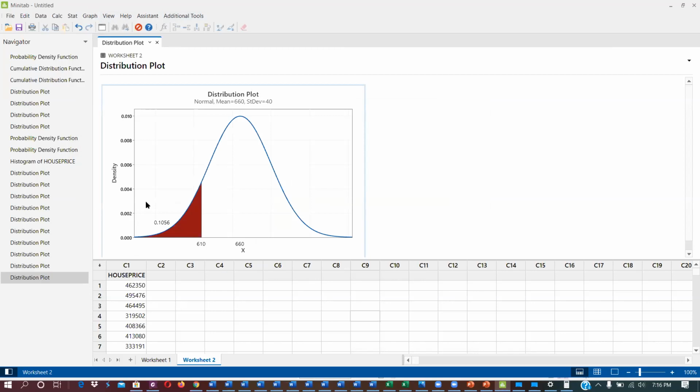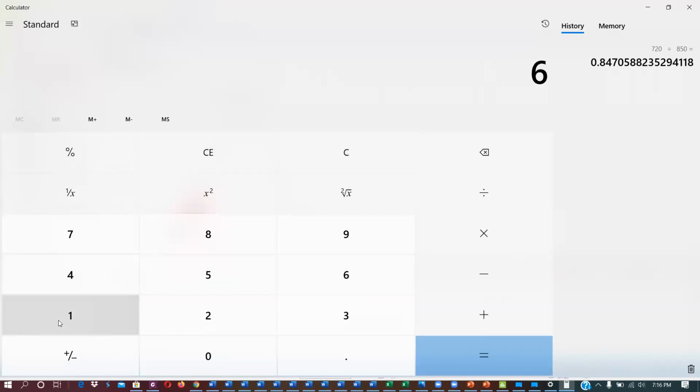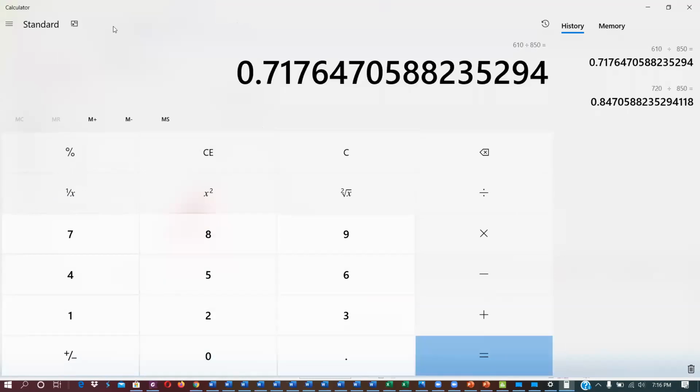So out of 850, if I scored even 610, my percentile is 10 or 11 percentile, whereas if I look into the simple calculation, 610 divided by 850, if I calculate, it is 70%, 71%, but percentile is just 10 percentile.